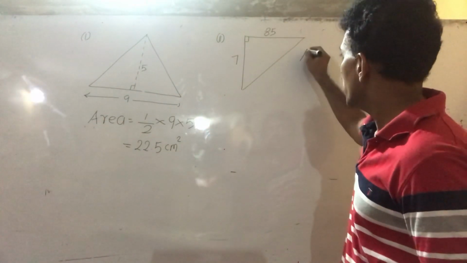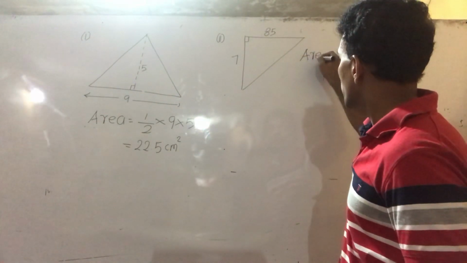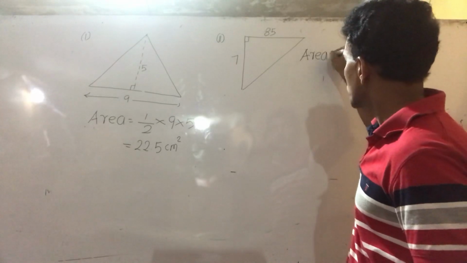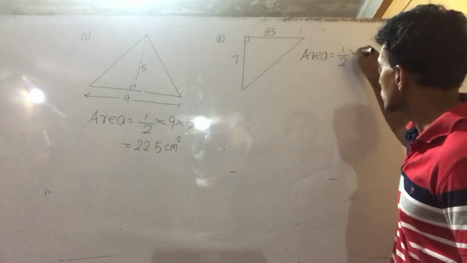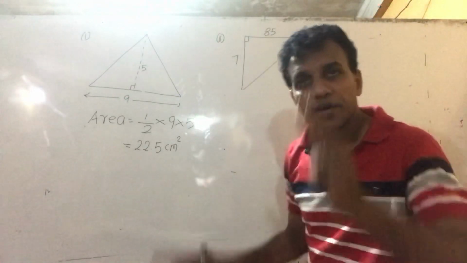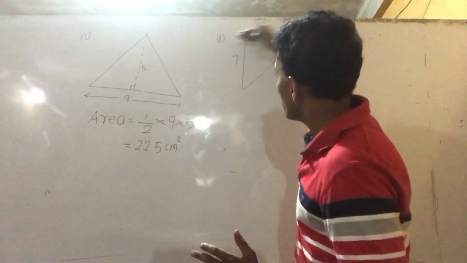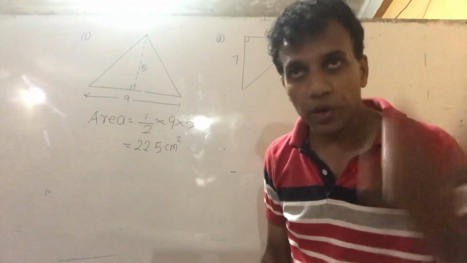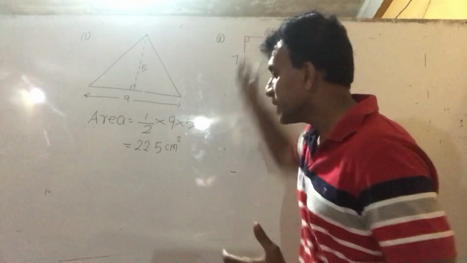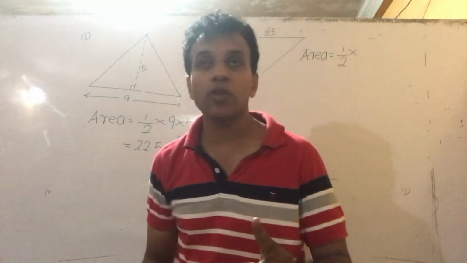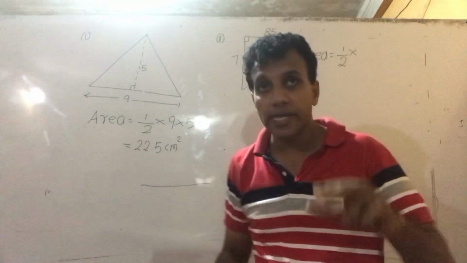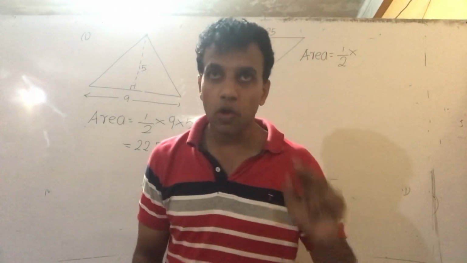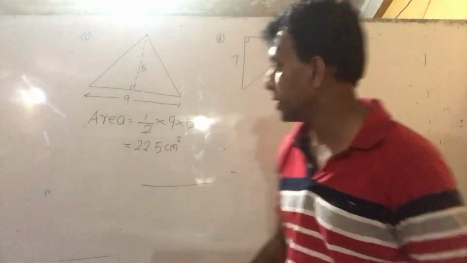So the area equals half into... can I take the 7? 7 is the base, height is 8.5. Base means not only this horizontal line; every side can be called a base of a triangle, okay?